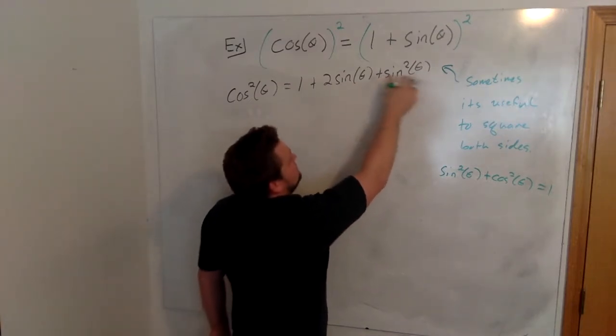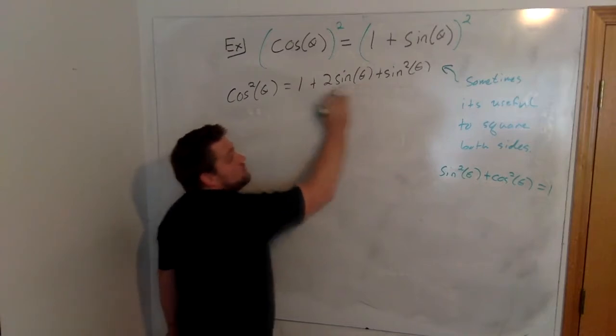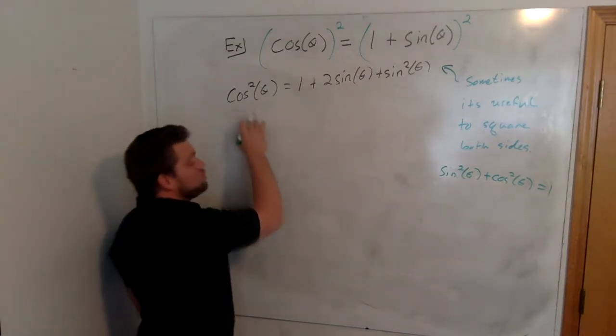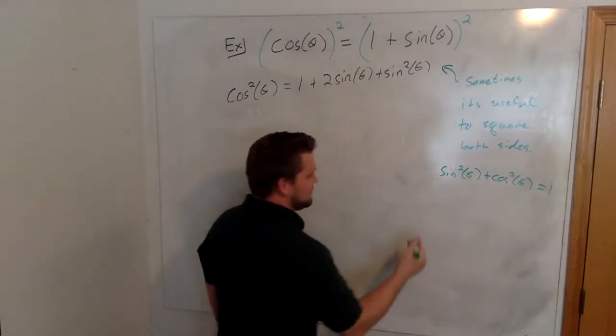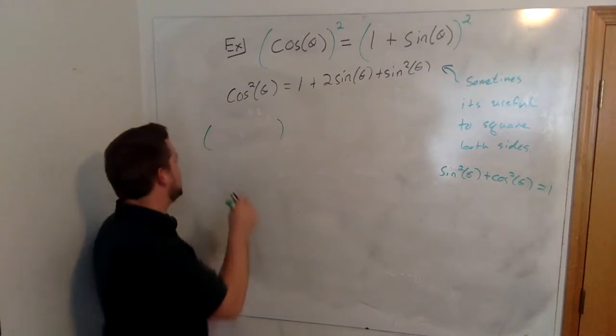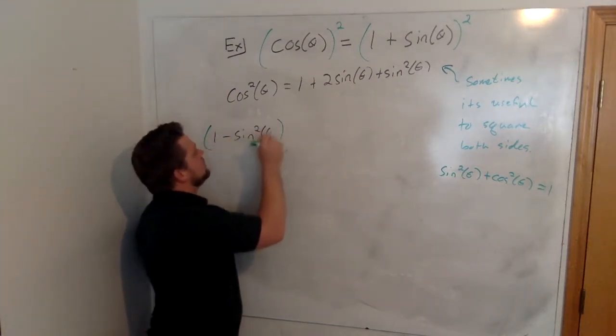I could really only place this sine squared here in terms of cosine squared, but I don't know what to do with the single power of sine. So what I want to do is replace cosine squared with a 1 minus sine squared. So let's go ahead and do that. So we'll have a 1 minus a sine squared of theta.